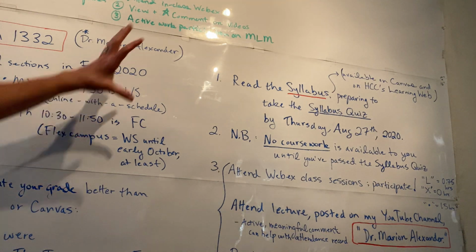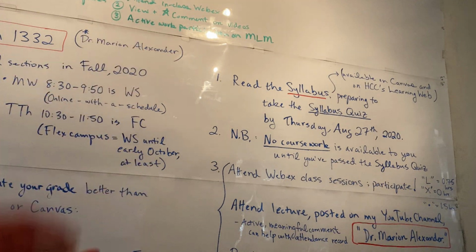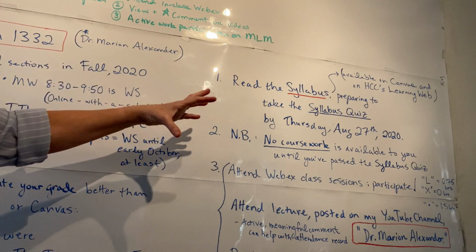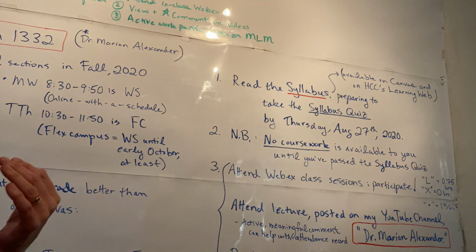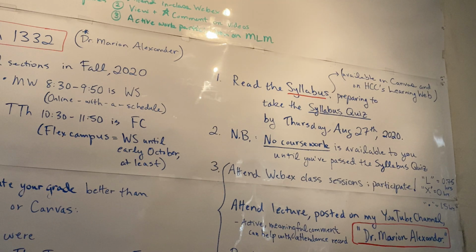After you've got that out of the way, you have to read the syllabus. You have to take the syllabus quiz. Once you're done with that, what do you have to do? Well, you are expected to participate, as you know from reading the syllabus.